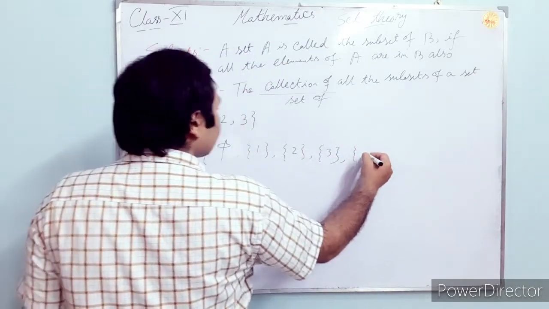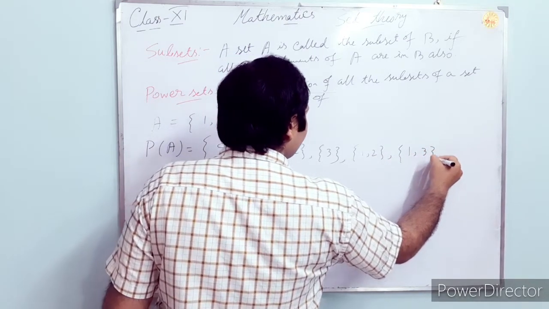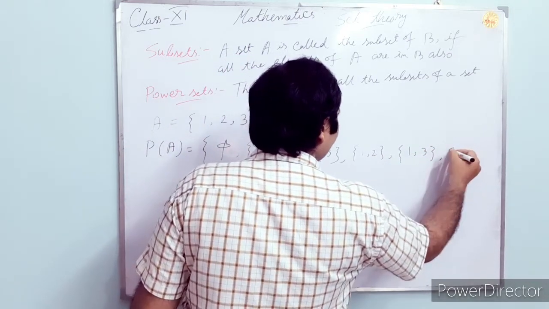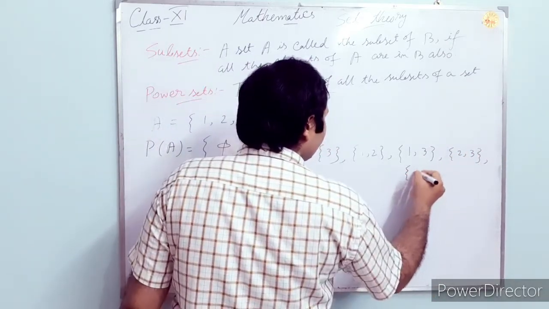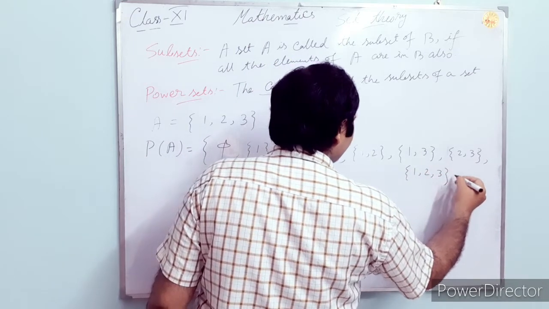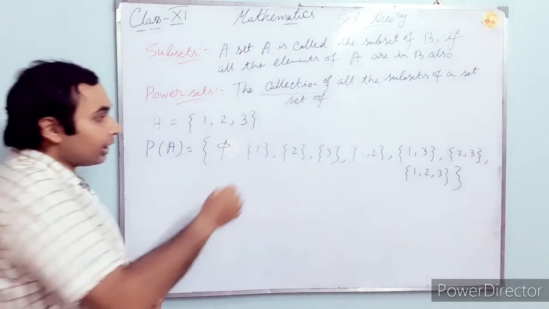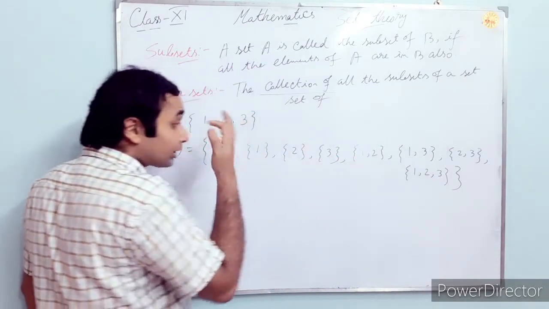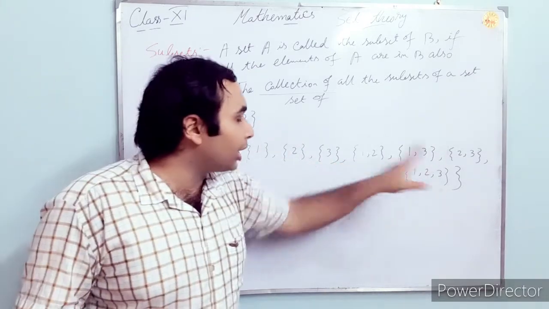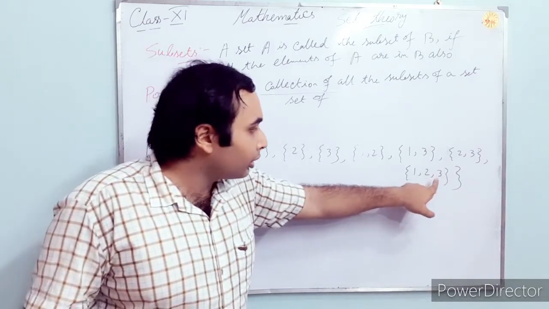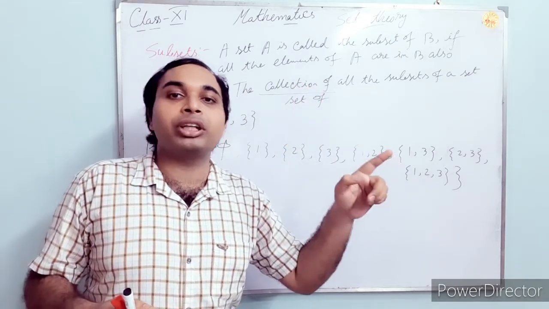So {1}, {2}, {3}, then {1, 2}, {1, 3}, {2, 3}, and at last the total {1, 2, 3}. Those are also the subsets. The singleton sets are the subsets of A, and also those pairs are the subsets of A, and I have told that the total set, one set also is the subset of itself.